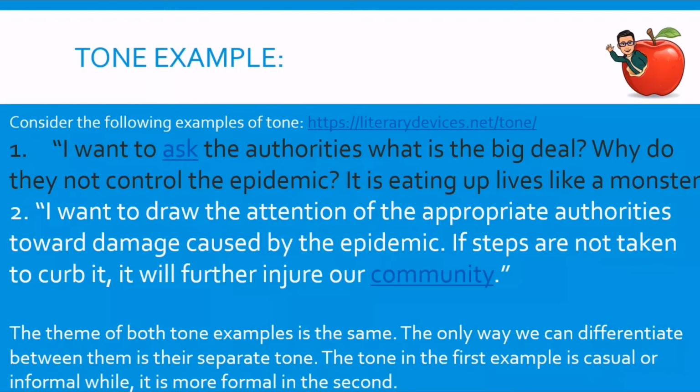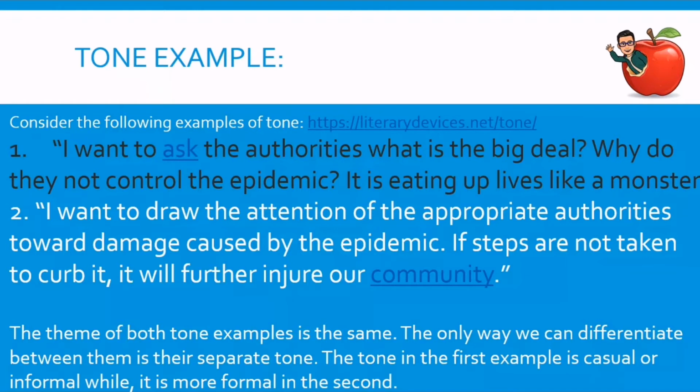The tone in the first example is casual or informal. Why is it casual or informal? Because of the words used. Right? In the last part of the statement, there is the word monster. If ever you deliver a formal speech or any statement, you must use pleasant words.